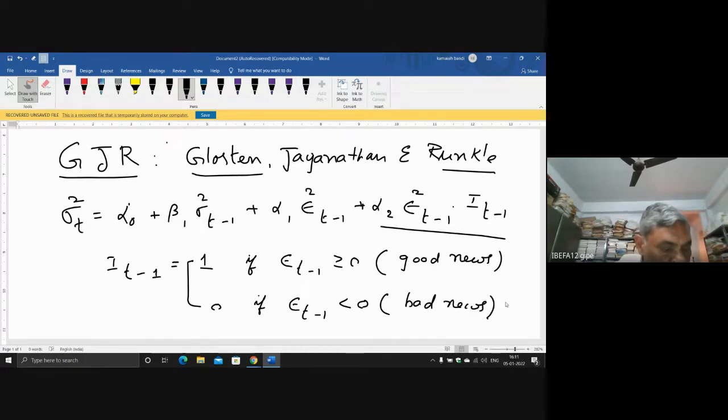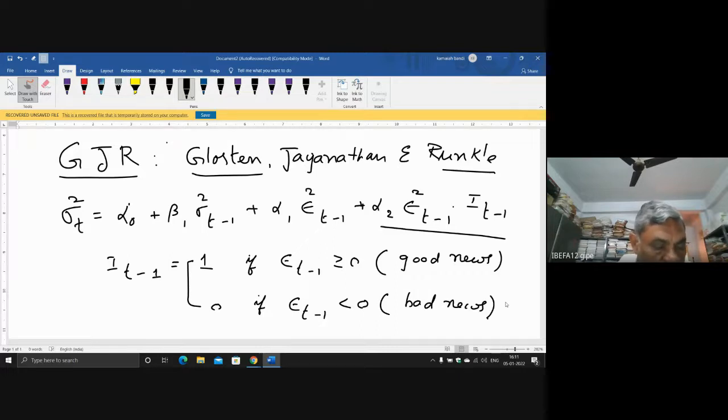I think this is a pretty simple kind of model wherein the volatility asymmetry can be gauged. Of course, the non-negativity conditions, that is alpha 0, beta 1, alpha 2, should be satisfied.